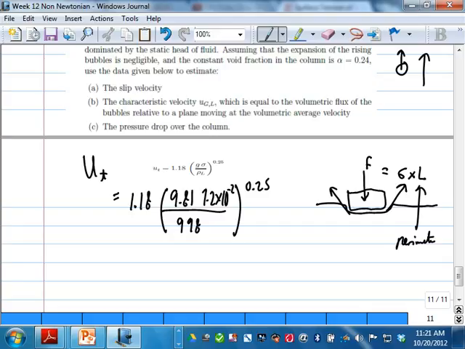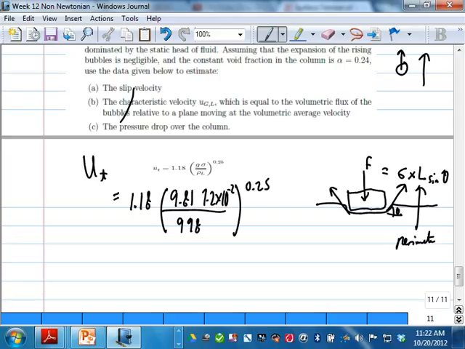So if this block doesn't penetrate the water, F equals sigma L. If this force is at a particular angle theta, then sine theta, because we only need to match the vertical direction. So that is what surface tension is. It holds the surface together, and to penetrate that surface, you need a force to overcome this surface tension.